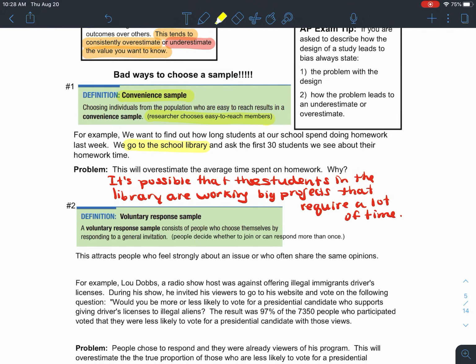Another bad sample technique here is what is called voluntary response sample. Okay, a voluntary response sample, it's described here as consisting of people who choose themselves by responding to some general invitation. For example, maybe this is people who are deciding to join, or maybe they're allowed to respond more than once.